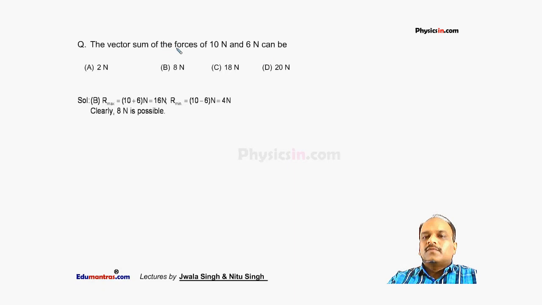The vector sum of forces 10 Newton and 6 Newton can be, as we know, let this force F1 be 10 Newton and let this force F2 be 6 Newton.